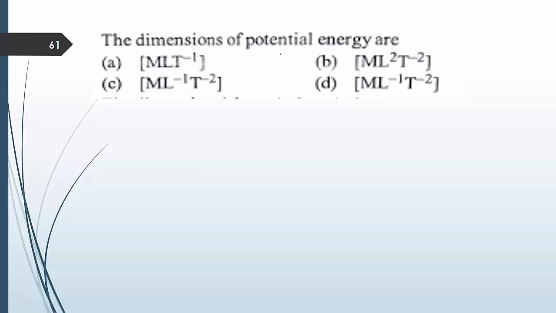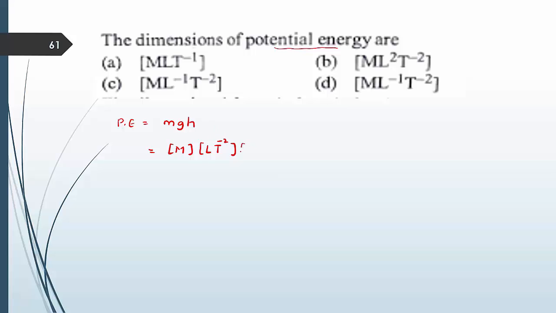61st question. The dimensions of a potential energy is. What is potential energy? The energy possessed due to its position. Yes, potential energy is given by the equation mgh. M is mass. G indicates acceleration due to gravity. Acceleration dimensional formula is L T raised to minus 2.